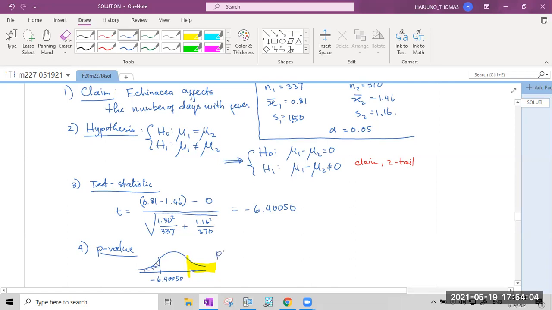So the p-value is 2 times tcdf of negative E99 to negative 6.4005. Degrees of freedom, use the smaller one, 336.